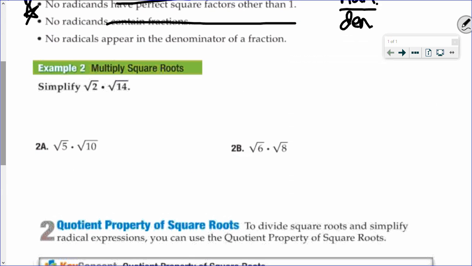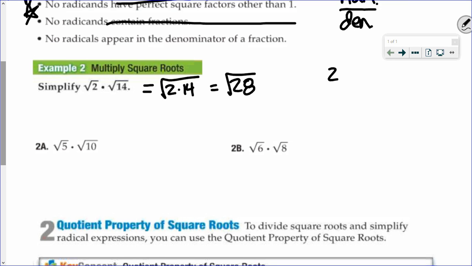So the first problem we're going to work with is multiplying square roots. To multiply square roots, you just put them under the same radical and multiply them. So 2 times 14 would give us the square root of 28. Of course, now we've got to simplify the square root of 28, and you can do that in many ways.